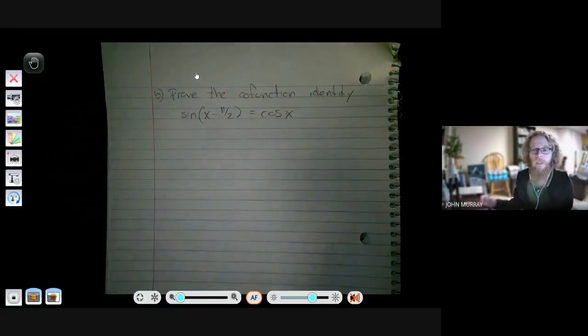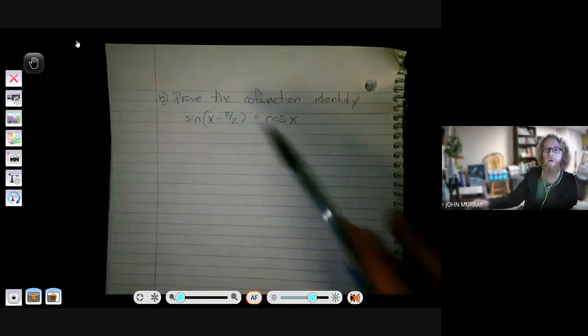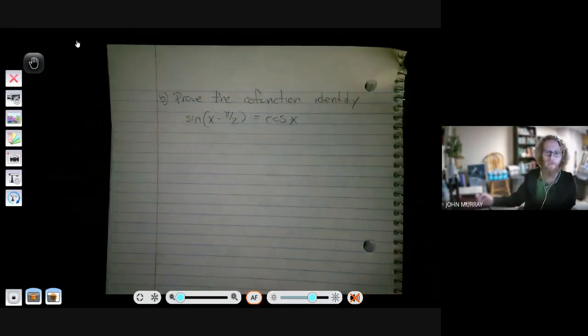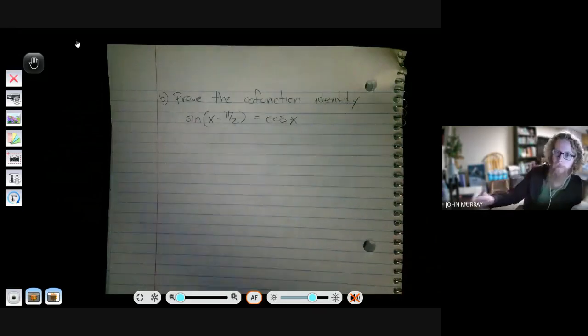Our co-function identity said that the sine of an angle minus pi over 2 gives us the cosine function. So let's break this up.